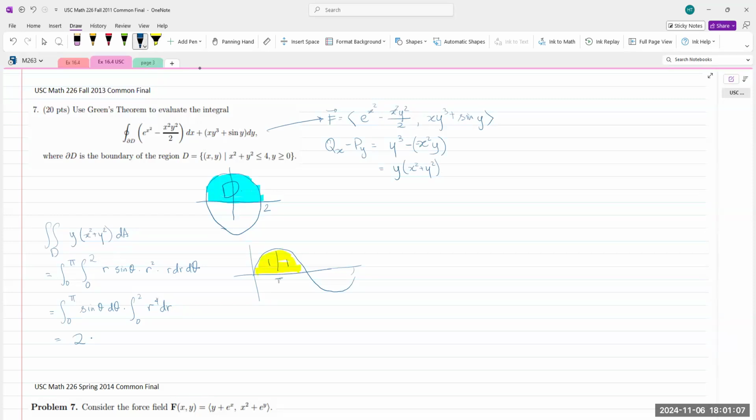This is pi over 2 and this is pi, right? And then the second factor, this is 1/5 r to the 5th, 0 to 2. That will be 2 to the 6 over... 2 to the 5th is 32, so it's 32 over 5, and with the earlier factor, 64 over 5.